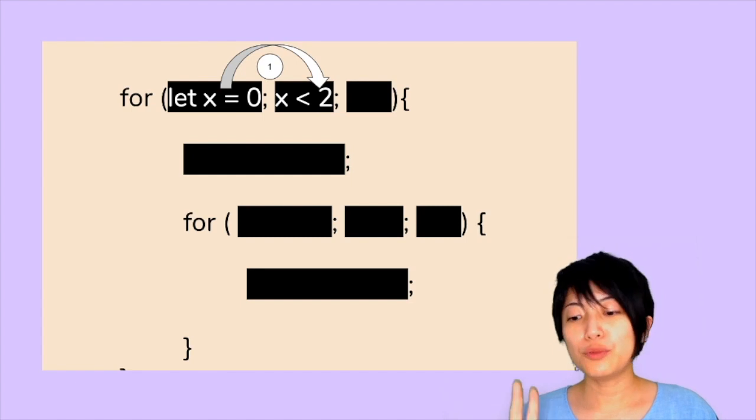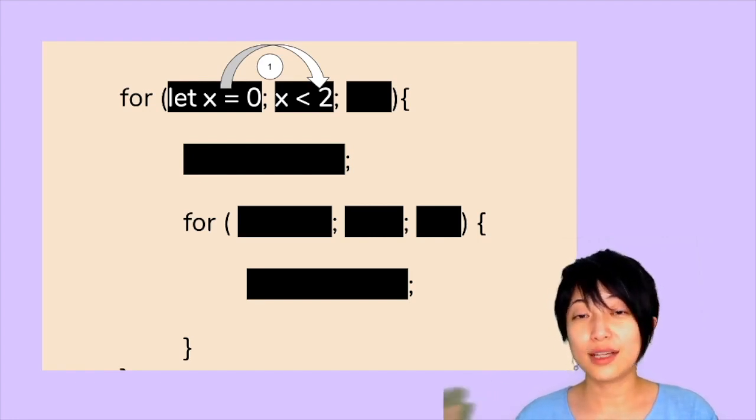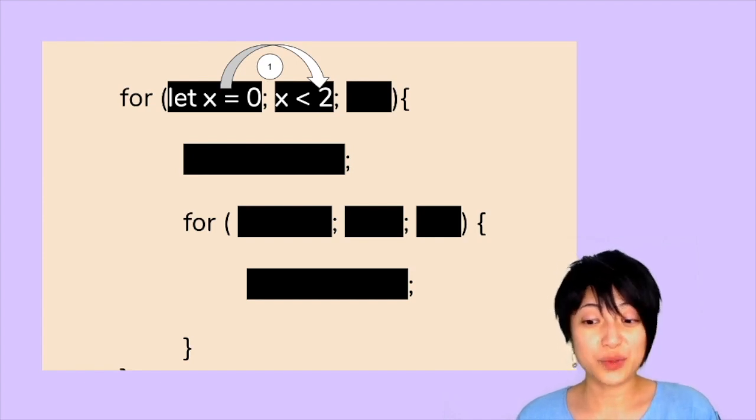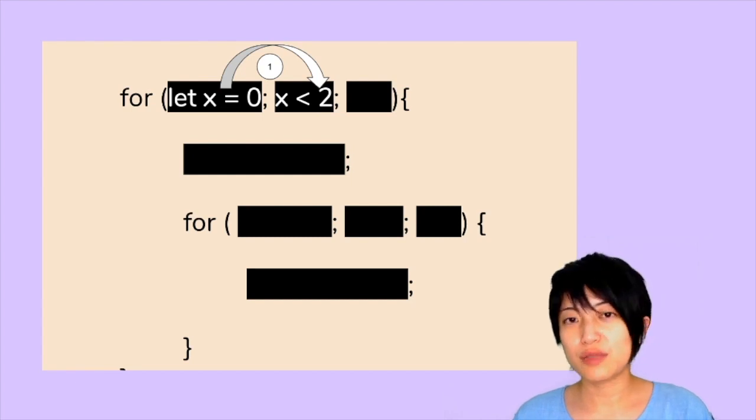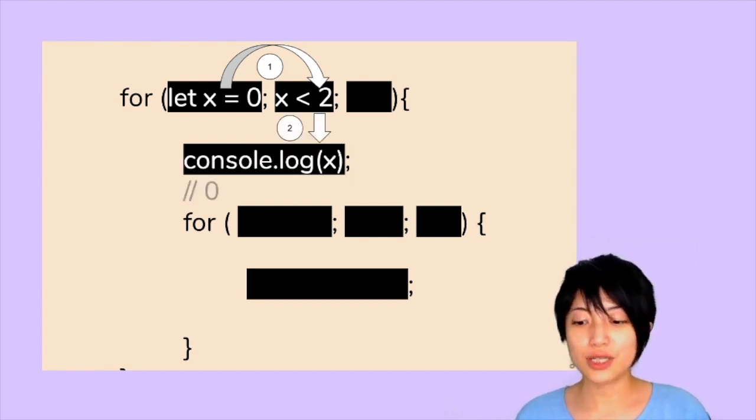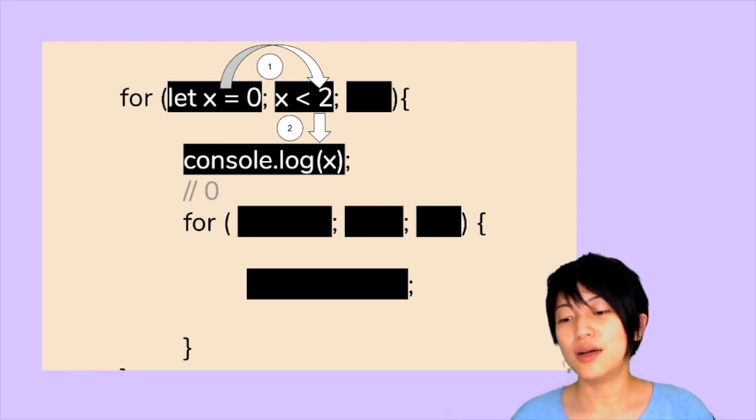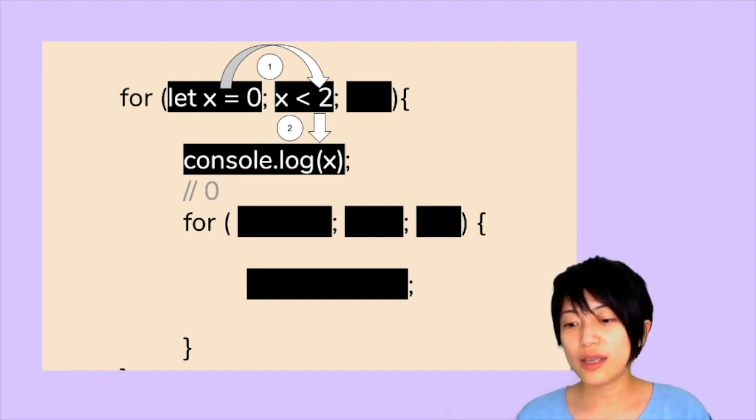In the first for loop, we have declared a variable let x equals 0, which is getting tested against the condition, in this case, x smaller than 2. So if let x equals 0 is smaller than 2, then we can advance into the next stage. And indeed, the console.log is printing out x as 0, right?